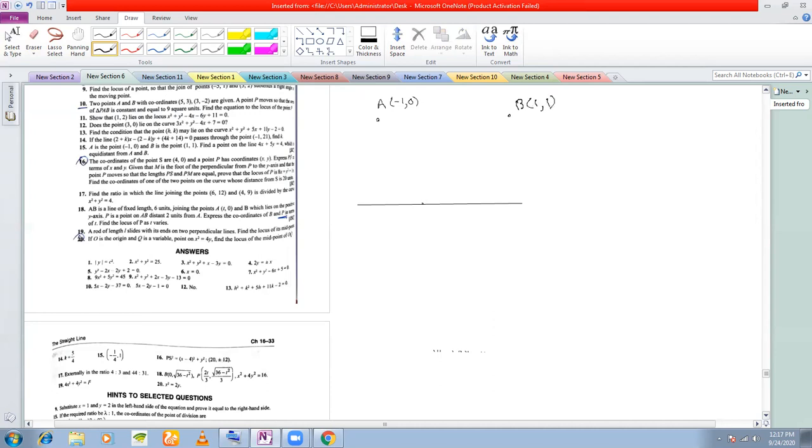P is a point on this line, equidistant from A and B. The little difference here is that P lies on this line. What is the equation of the line given? Yes, 4x plus 5y is equal to 4.